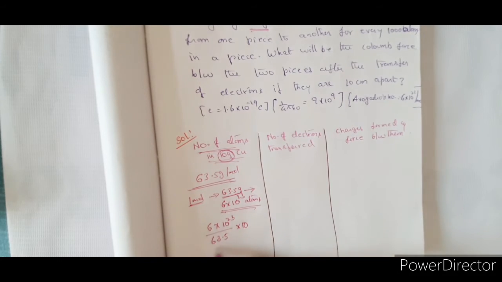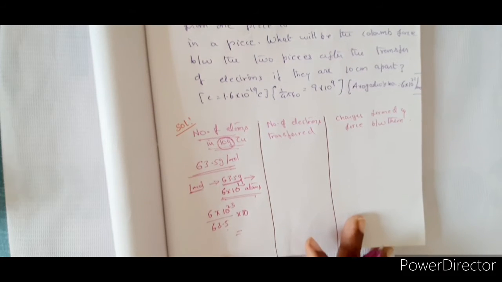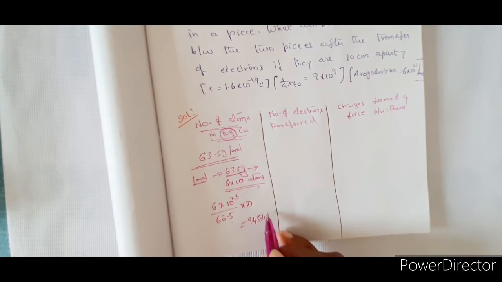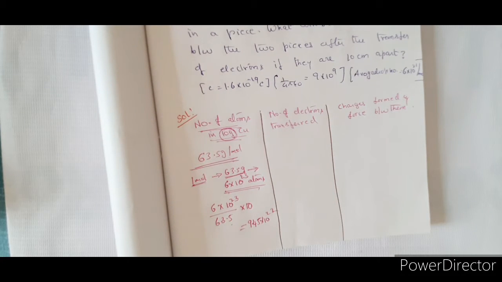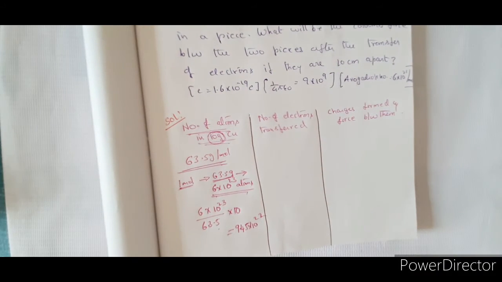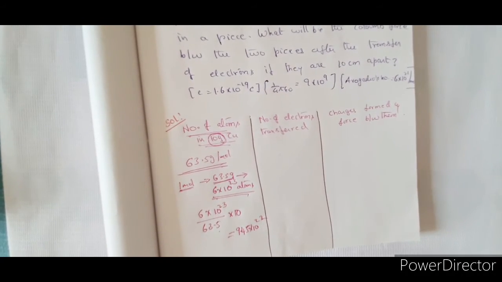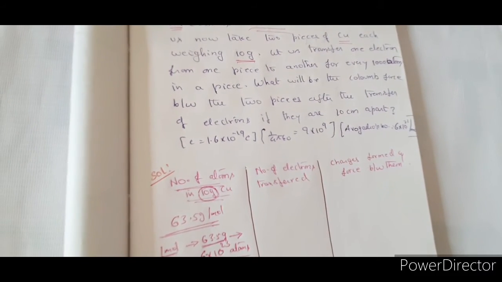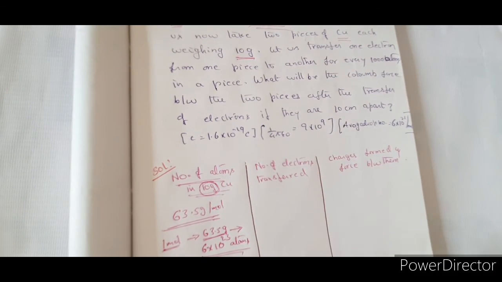On simplification this will be 9.45 into 10 to the power of 22. Check by simplifying; I am giving you the concept, and you can check the simplification. Is it visible? I feel like it is somewhat. Okay, now it's fine.